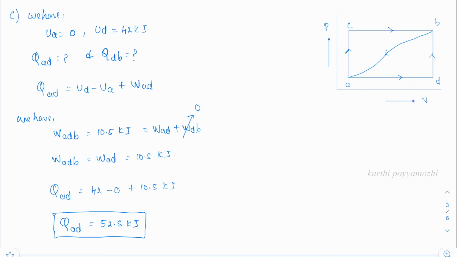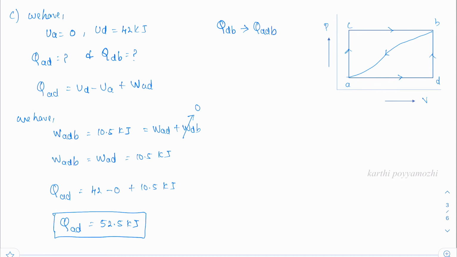Now we have to find the value of Q of DB. In the same way as we did to calculate the work done, we can also use the path ADB.